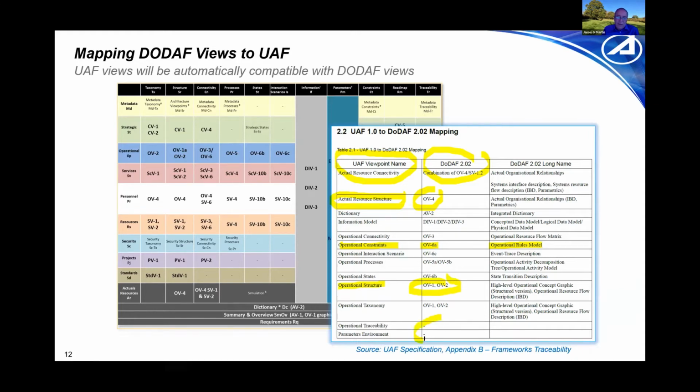Notice there are some UAF views that have no corresponding DODAF view because we've done some expansion to include other things that people need. So the bottom line is, if you use UAF as the standard, you automatically get the corresponding views, if you're really required to use the NATO framework or the DoD framework or whatever.